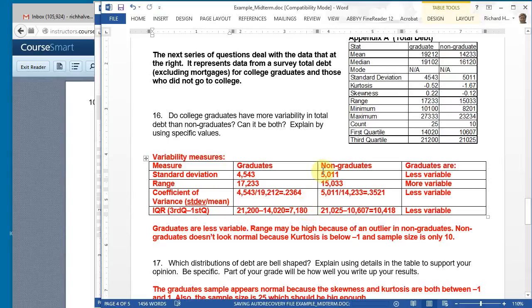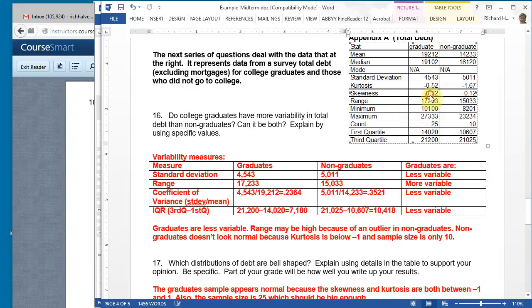Okay, so now let's figure out what all these numbers are for graduates and non-graduates, comparing them, and we'll see if it looks like the graduates have more variability. For standard deviation, if this data were normal, it turns out the graduate data is normal. We have 4543 as the standard deviation, and for non-graduates it's 5011.